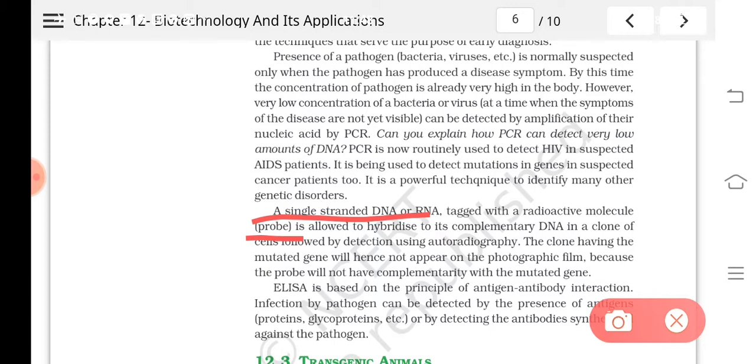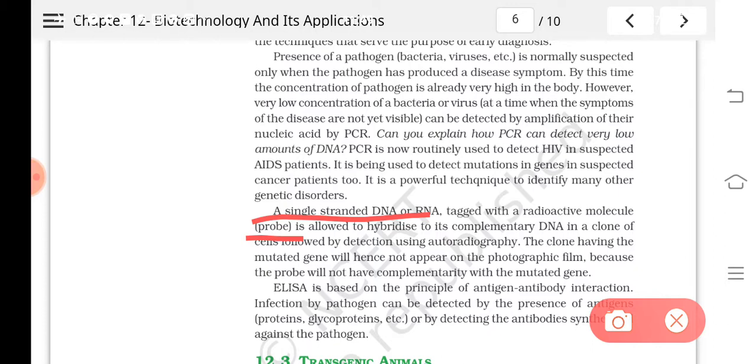Understood? So in this way we can easily identify whether the cells are showing any anomalous growth patterns or any different growth pattern. Is it clear? So in this way we can identify the mutated gene. So how is it? A single stranded DNA or RNA is tagged with a radioactive molecule, and this will be allowed to hybridize with the complementary DNA in a clone of cells. Understood?